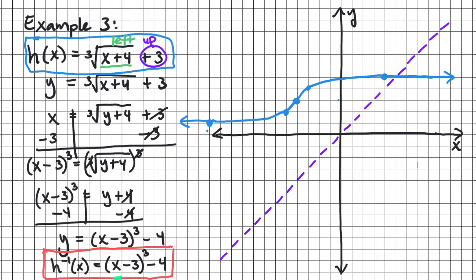Now I'm going to graph the inverse. So the inverse is a cubic function that says to go to the right 3, and the minus 4 tells us to go down. So I'm going to go to the right 3 and down 4. Should be right here. So again, if I go to the right 3 and down 4, that's kind of like my starting point.